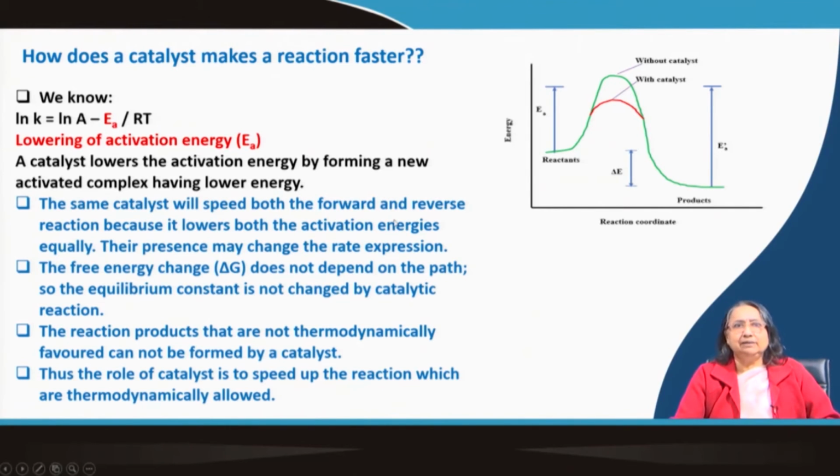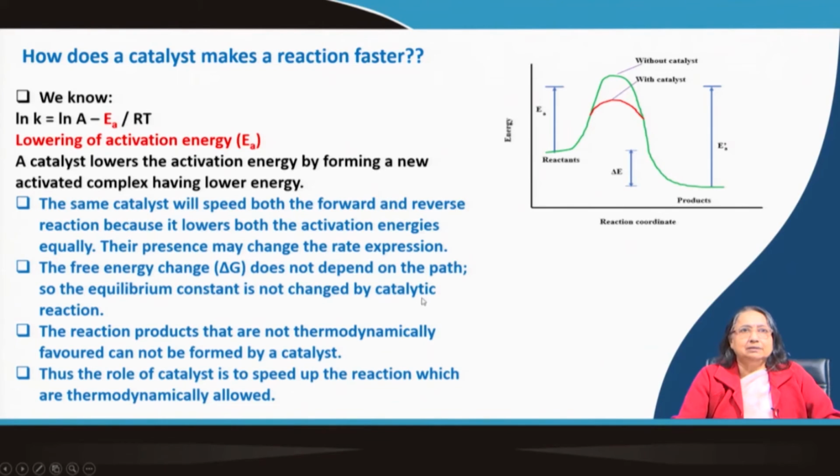It lowers both the forward and backward activation energies equally. Its presence may change the rate expression, but that is something else. That is most important. The free energy change does not depend on the path. So, the positions of reactant and product are not changing, and the free energy change is not changing. This is a thermodynamic parameter.